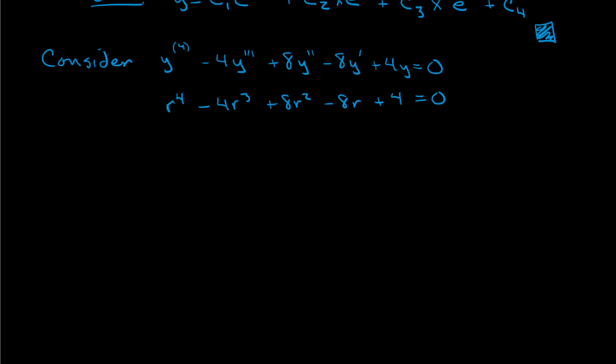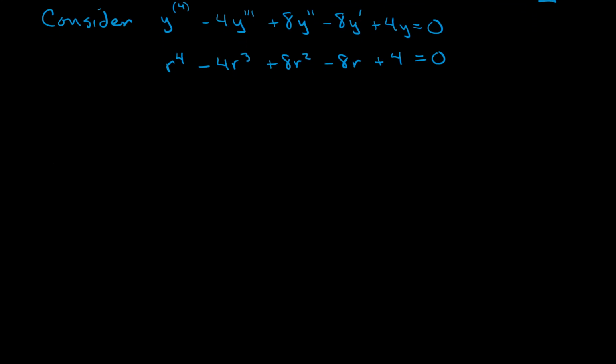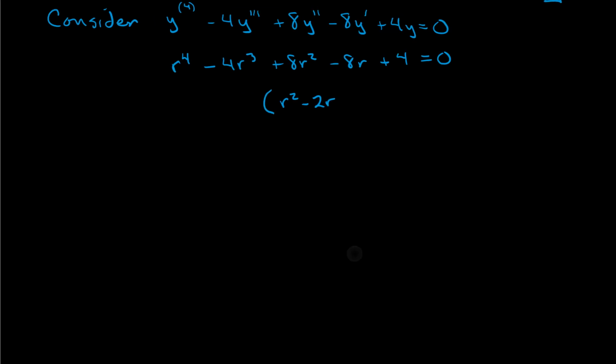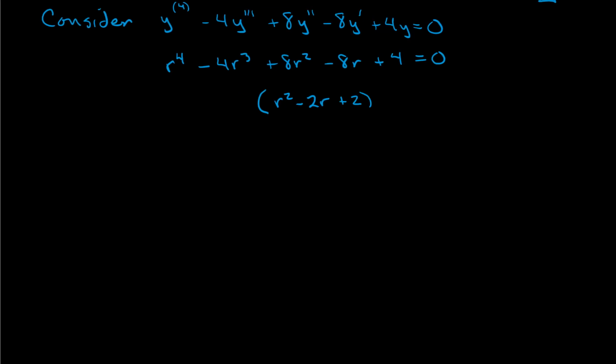Where's that going to leave us? Well, I'm going to kind of fast forward you to a solution to this. This thing actually factors into (r squared minus 2r plus 2) squared equals 0. And if you try squaring that out, you'll find that that really is the solution. Okay, so what are we going to do with that?